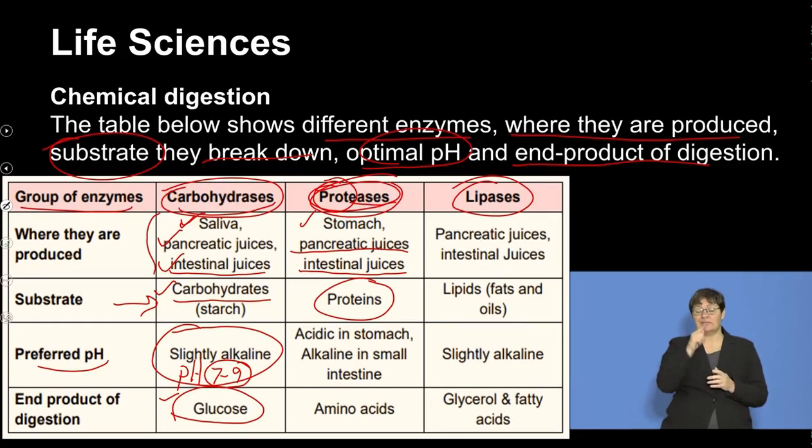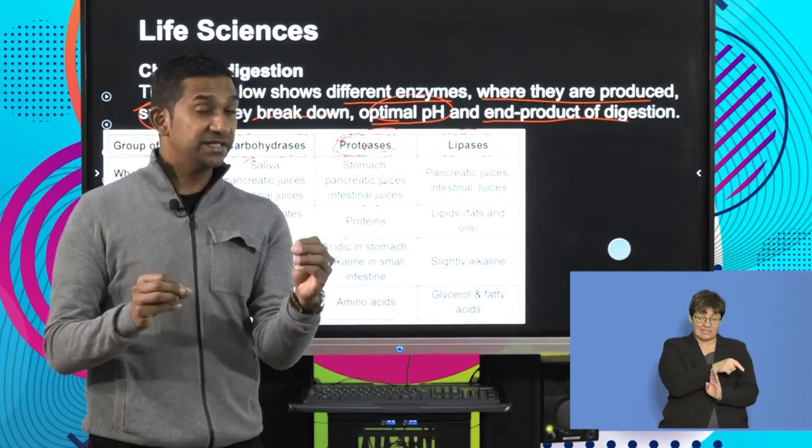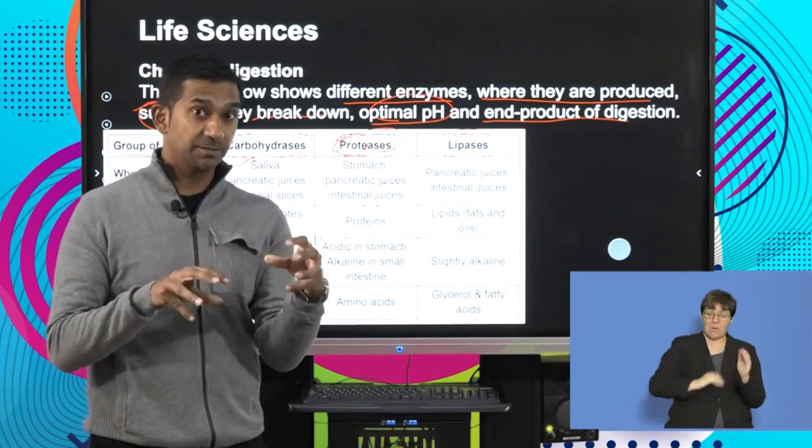Okay? These then move into the stomach and the small intestine, where the pH changes radically. As I mentioned, the pH in the stomach is acidic, so the gastric juices producing hydrochloric acid allow for those protein digesting enzymes to function optimally.